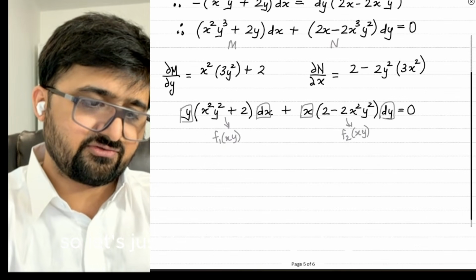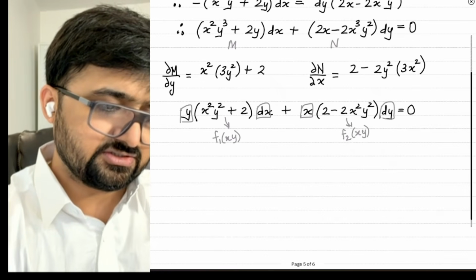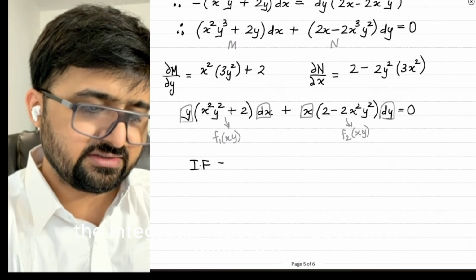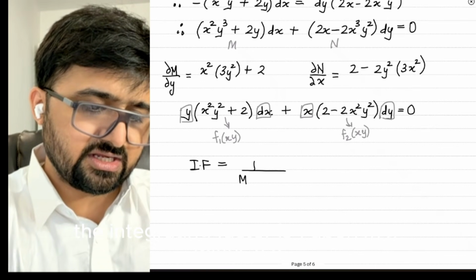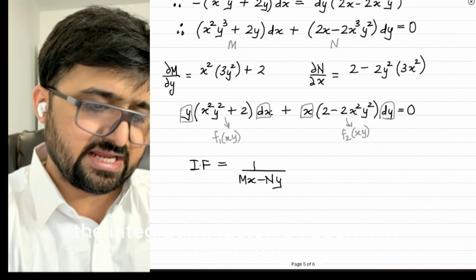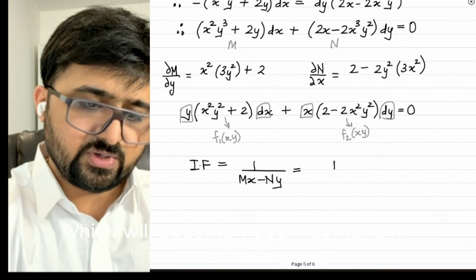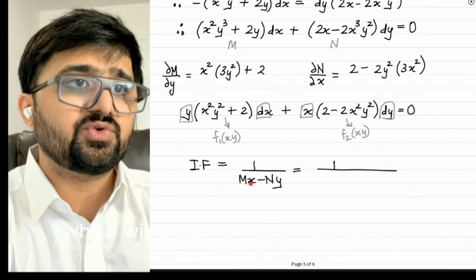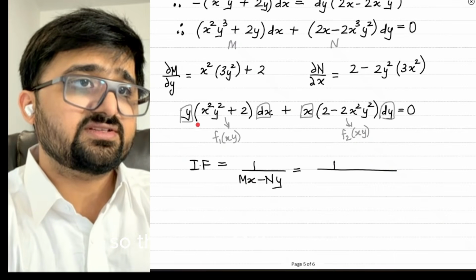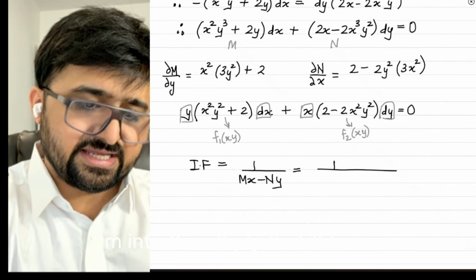So let's just find that integrating factor. Here the integrating factor is 1 upon Mx − Ny. So this is our M, and this is our M into x, so multiply that x here.